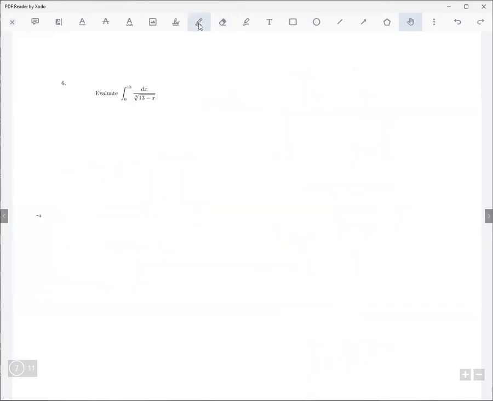Okay, number 6. Evaluate the integral from 0 to 13 of dx over the cube root of 13 minus x.